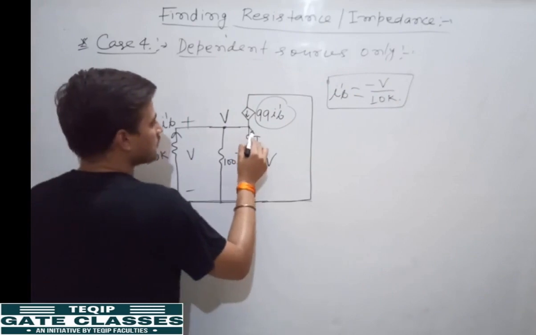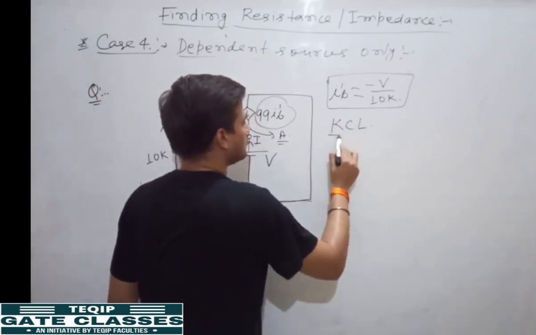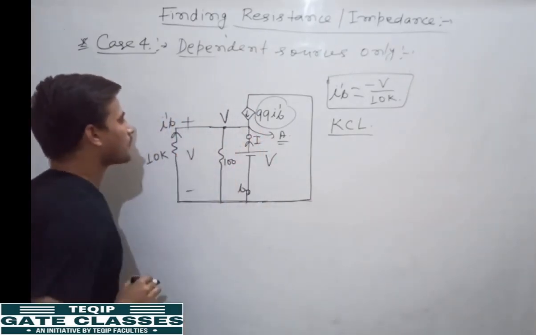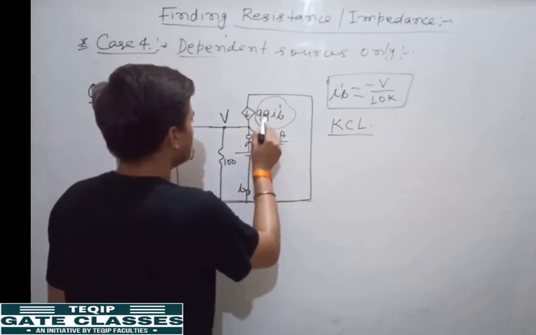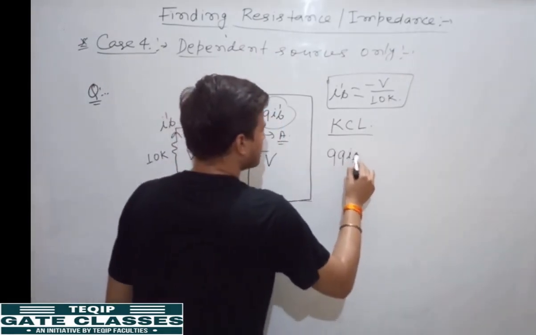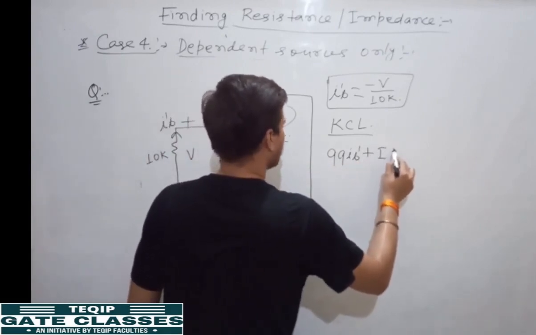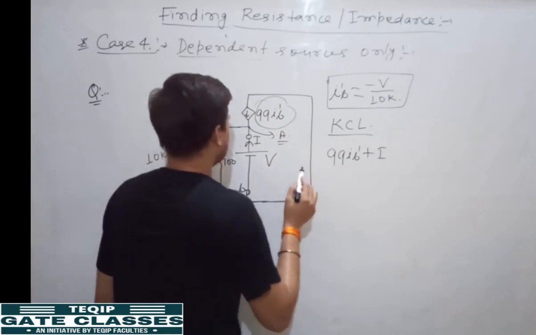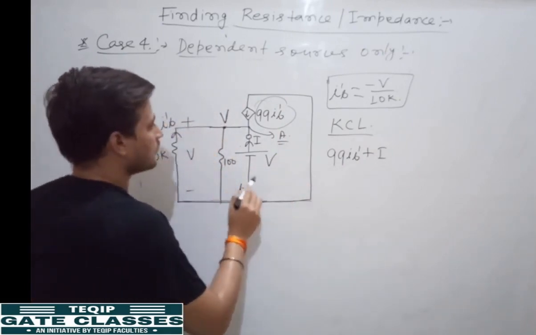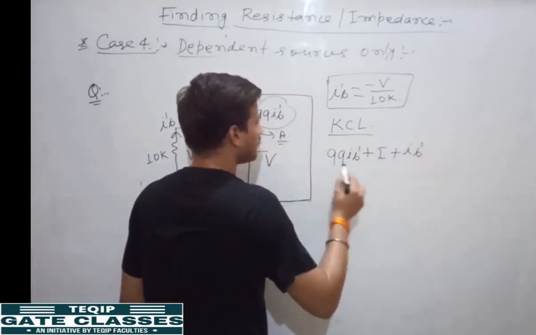Suppose this node is A. Apply Kirchhoff's current law at this node. How many branches are there? 1, 2, 3, 4. The incoming currents are 99 IB dash, plus another incoming current I, plus this IB, which is also incoming, plus IB dash, equal to the outgoing current.